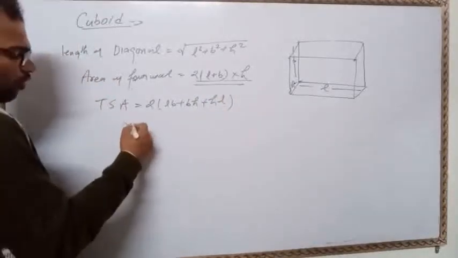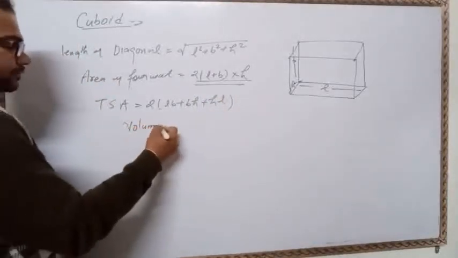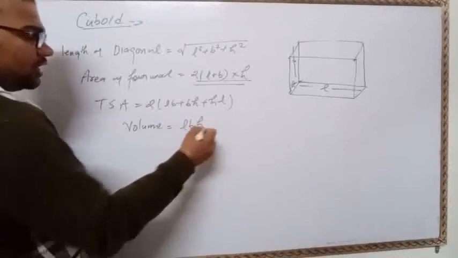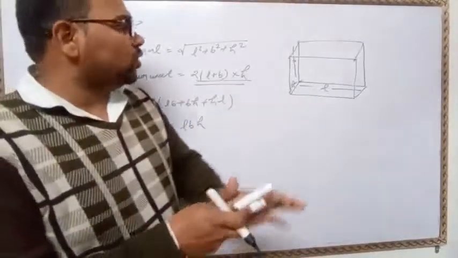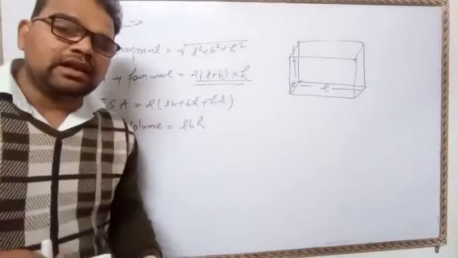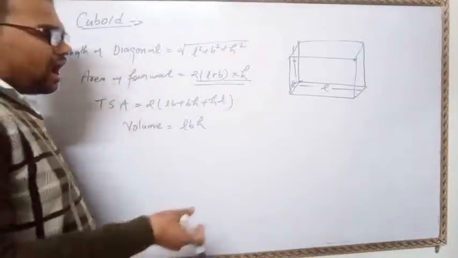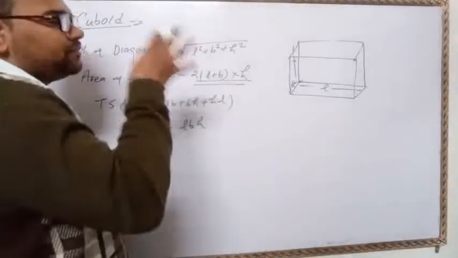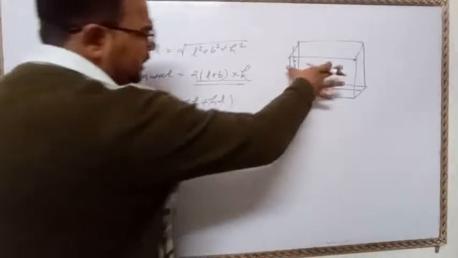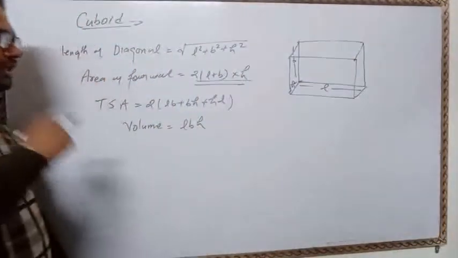Then volume is LBH. Please note down the formulas and learn them, because in my next lecture I will explain the questions of this chapter and then these formulas will be very helpful to you. Please note down.